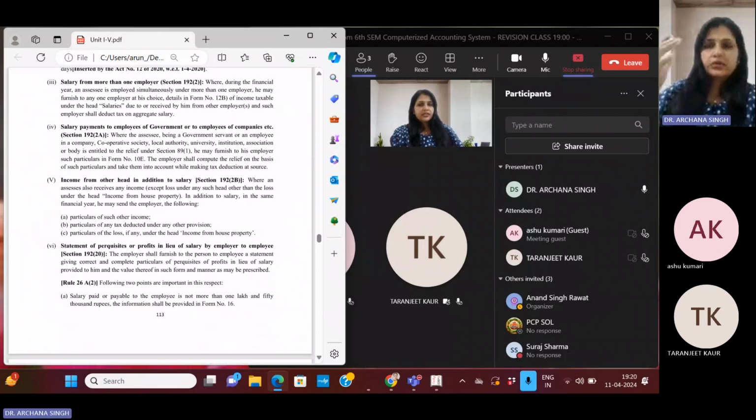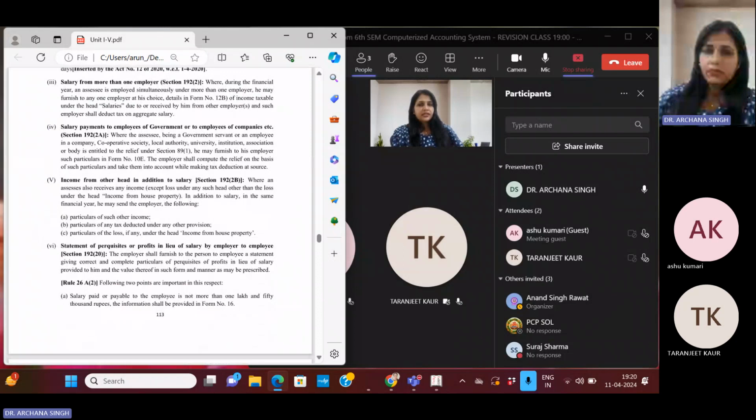It comes under this where the employee, being a government servant, or employee in a company or cooperative society, was under section 89 subsection 1, and he may furnish to his employer, account रखेगा अपने, while making TDS, tax deduction at source. So it is the duty of the employer to calculate that amount, how much amount should be deducted.